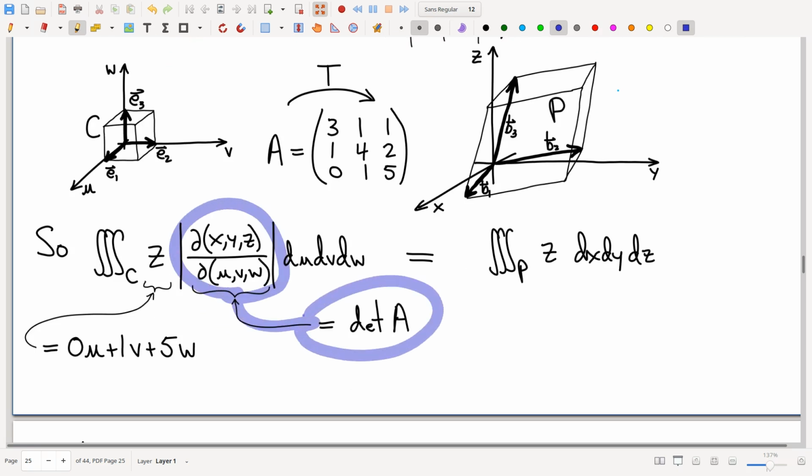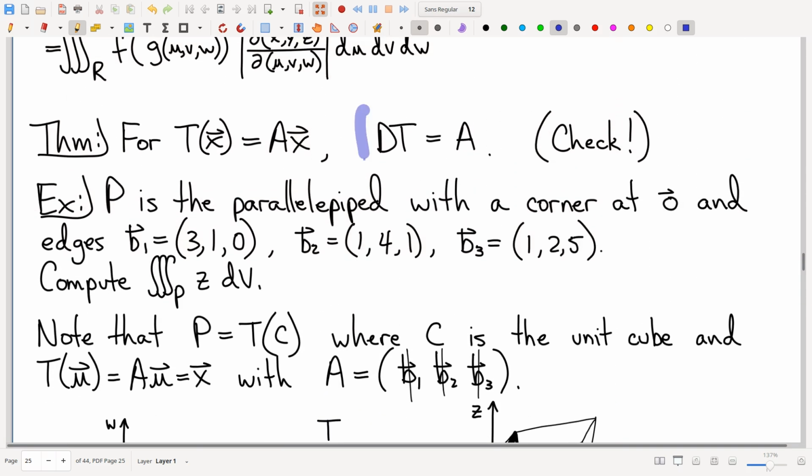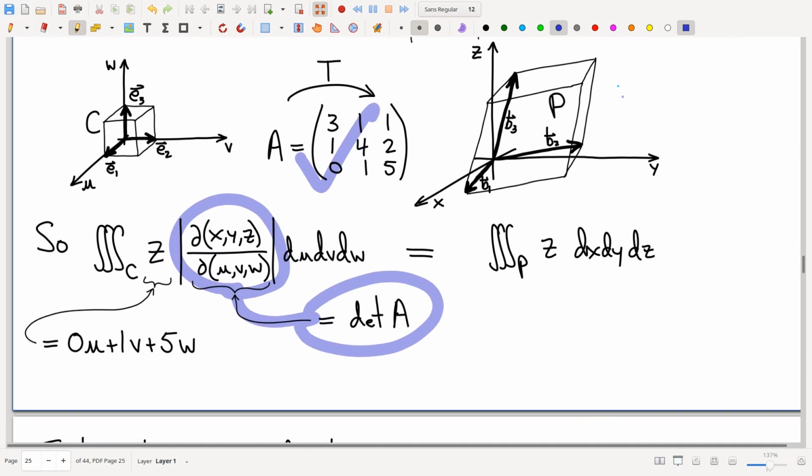You just have to compute the determinant of the derivative matrix. Of course, the derivative matrix is the matrix per this theorem up here, which y'all are going to check on your own just to make sure. You want to see how that algebra works so that you're not just taking stuff on faith. This is easily demonstrated. Take the time to see that through for yourself. And so life is good and problem solved.